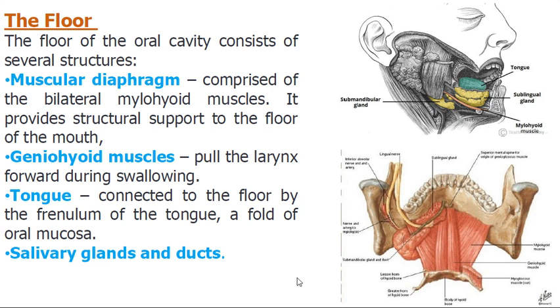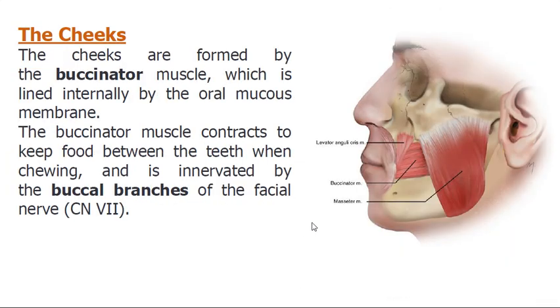Okay. Now the cheeks, as a lateral boundary of the oral cavity, are formed by the buccinator muscle, which is lined internally by the oral mucosa. So the main substance of the cheeks is a muscle, the buccinator muscle, and internally it is lined by the oral mucosa.